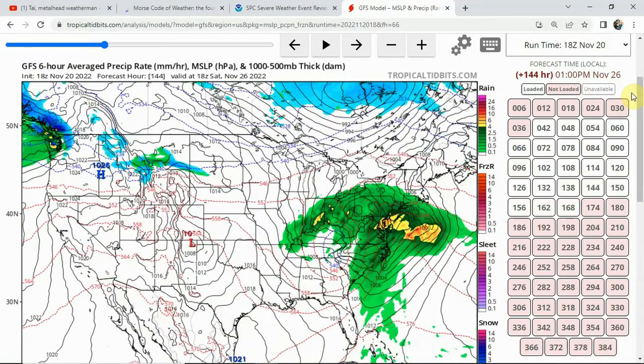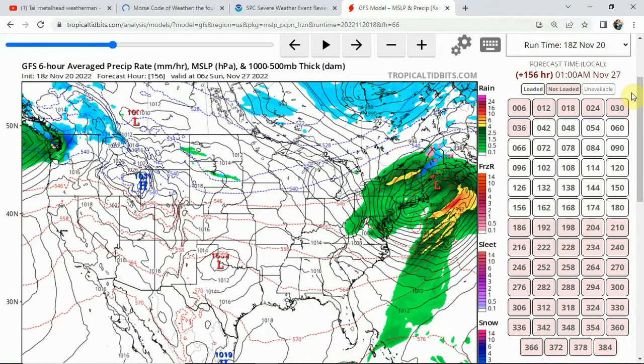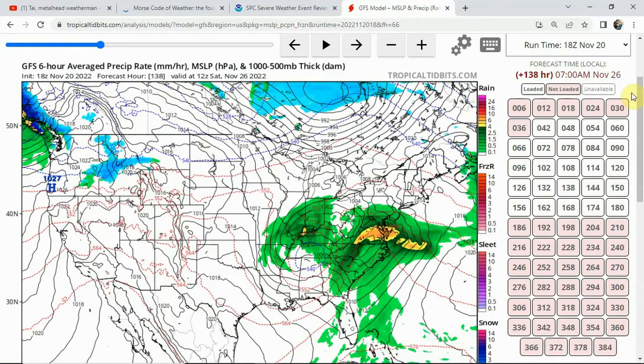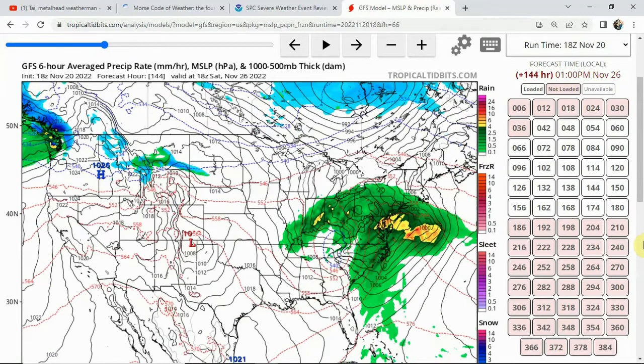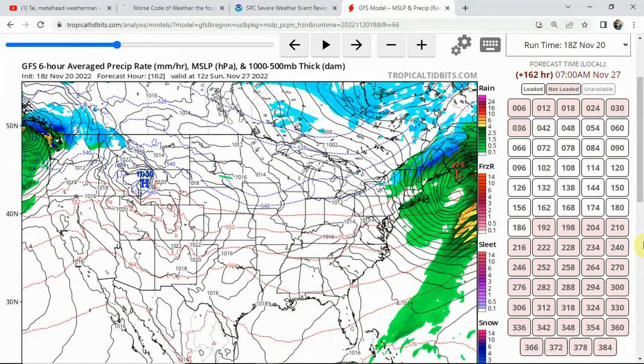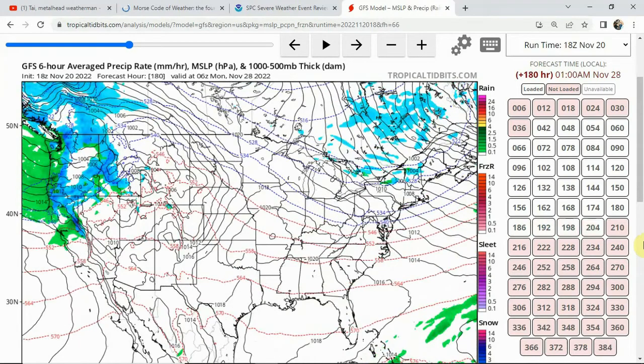And then on the backside of it, we could potentially see a push of snow. Severe weather threat looks relatively limited, and there's a very small window for it as well. Plus, this system is moving quickly, very progressive, if you will. And progressive systems often limit severe potential as well. We'll talk a little bit more about that in another video as well.